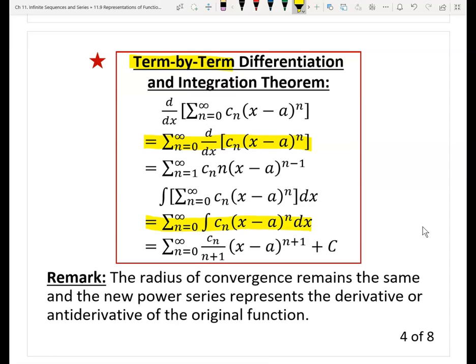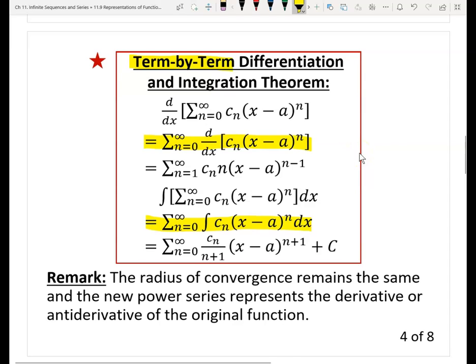Another remark: can you see the radius of convergence remains the same? In these two formulas, we have two power series, the original power series and the new power series, and this theorem gives us that both power series have the same radius of convergence.